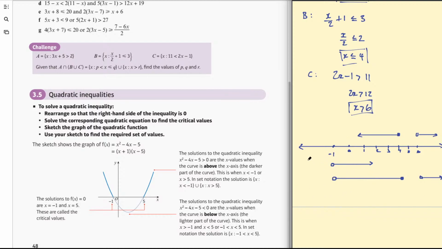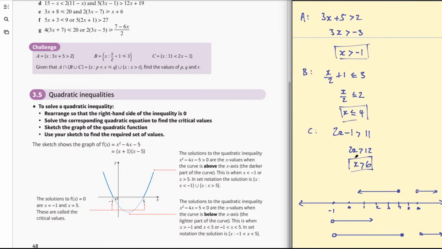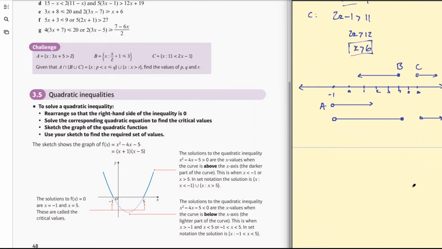Okay, so again, this was set A, this was set B, and this was set C. So in order to satisfy all of those sets, basically that's what we're trying to do.